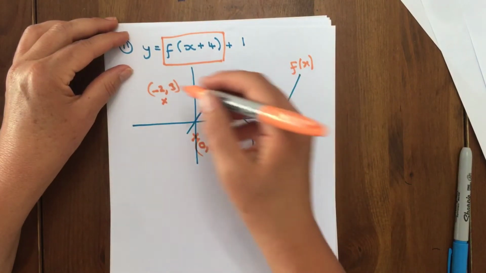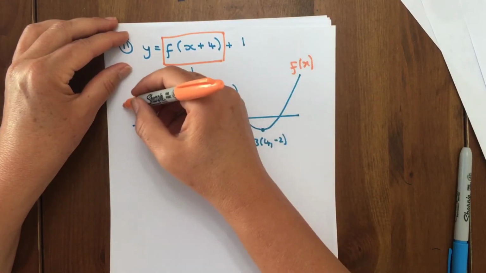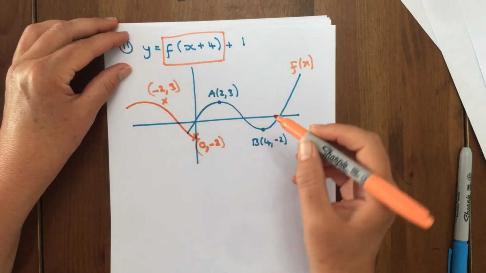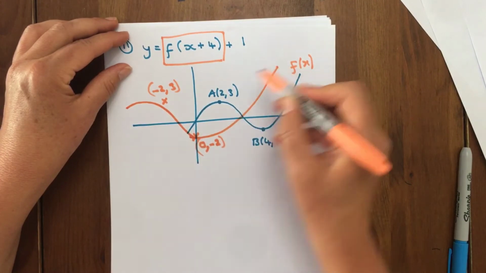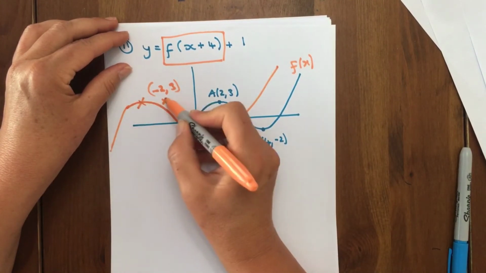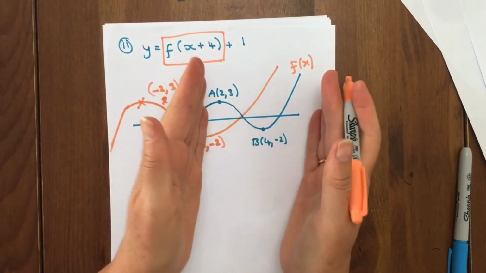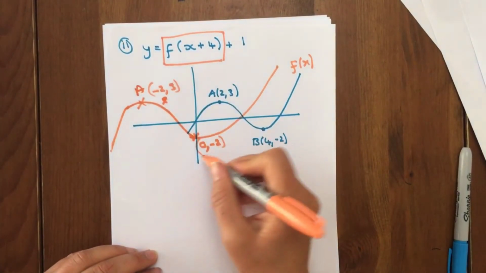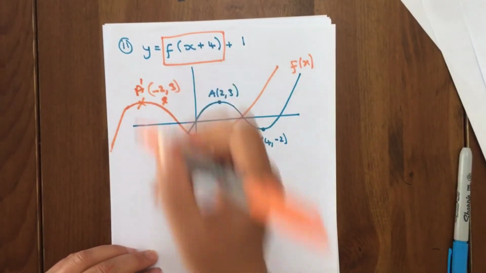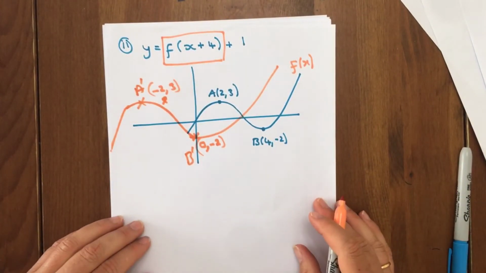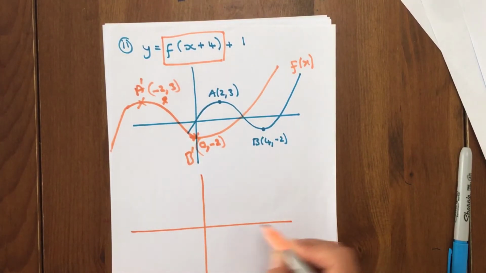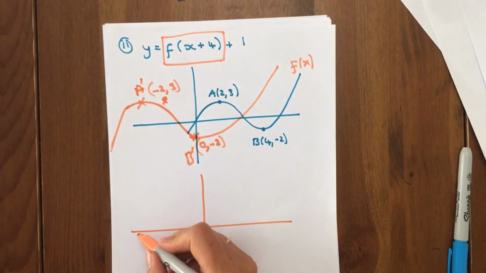In fact, it's probably a bit more like the point A would be here. So my whole graph is going to be shifted, I'll put that point there, 4 across. I'll pick it up and move it 4 across. And this is my point A, my new point A, and my new point B. Okay, so I'm just going to draw that out again, so it's not too confusing for you.